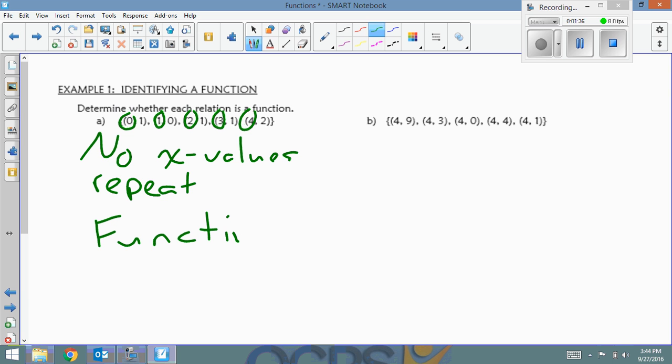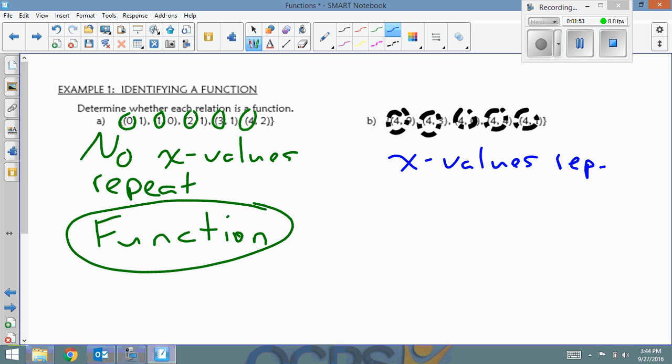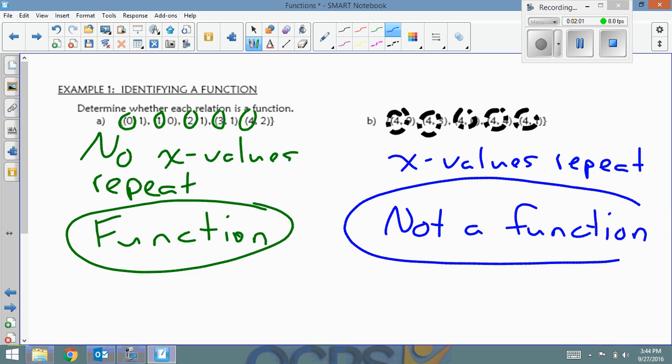Whereas in this one, all of these are the same number, so x values repeat here. So this is not a function because those x values repeat.